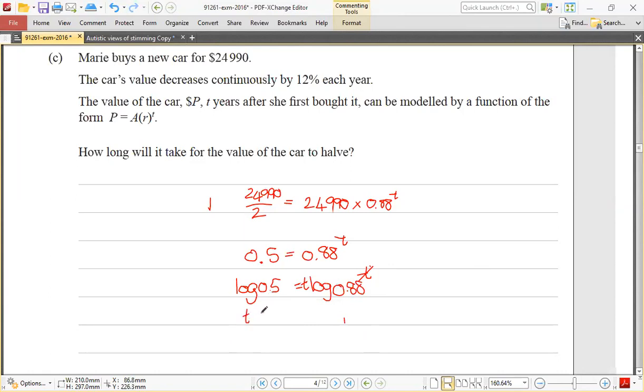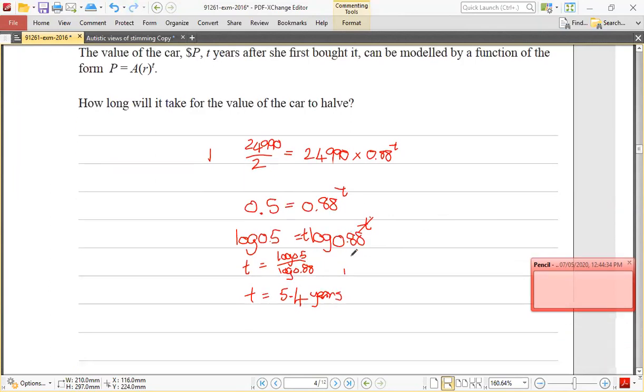I end up with T equals log 0.5 divided by log 0.88. I got 5.4. Yep, 5.4. So that's the answer. The only thing is, remember, whenever you're rounding, make sure you say you're rounding. Okay.